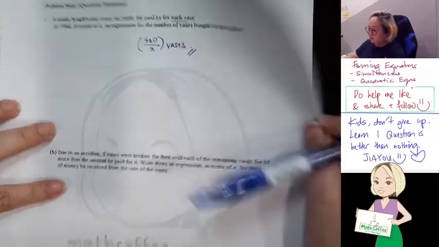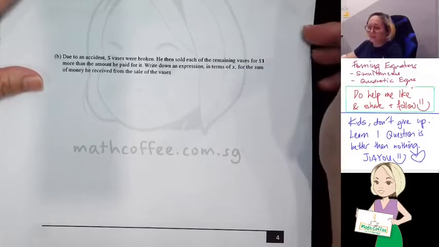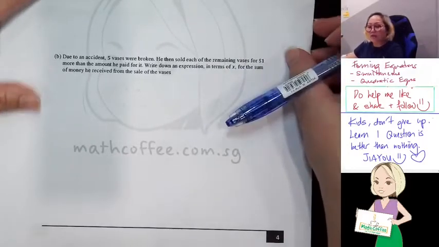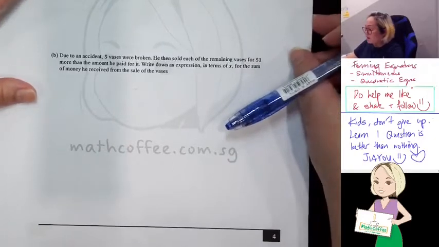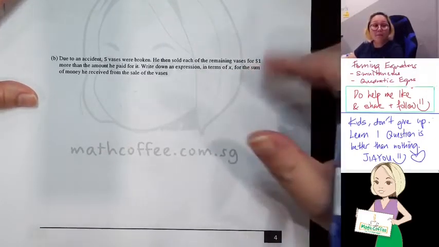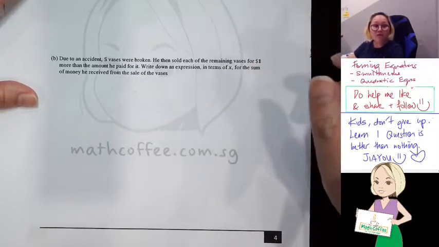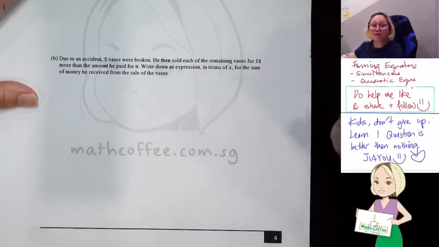Okay, let's move on. Then they say, due to an accident, 5 vases were broken. So now he sold each of the remaining vases for $1 more than the amount that he paid for it. So write down an expression in terms of X for the sum of money he received from the sale of the vase.